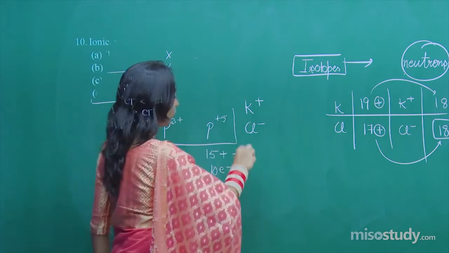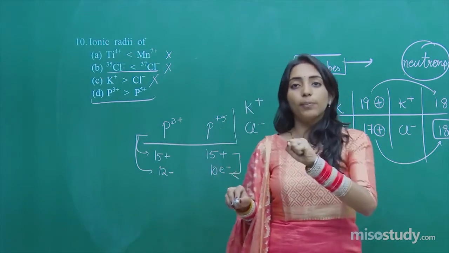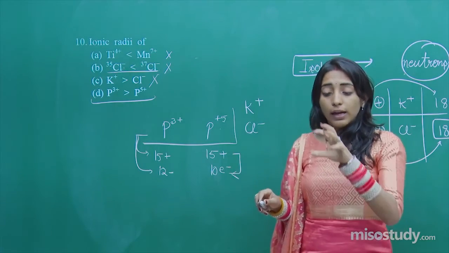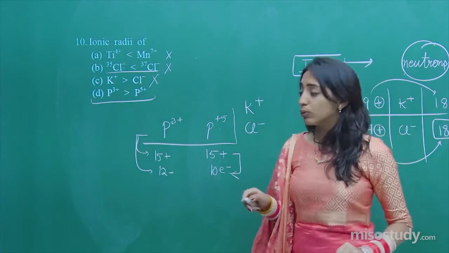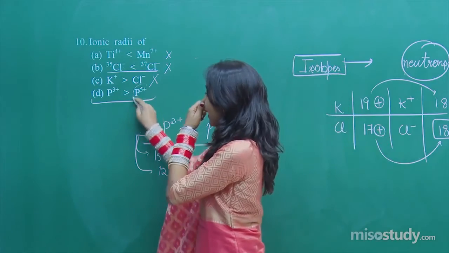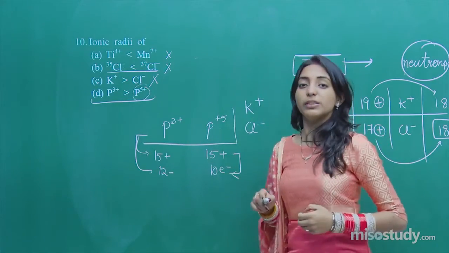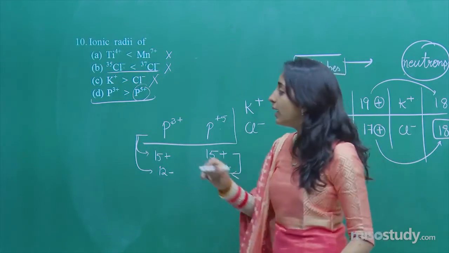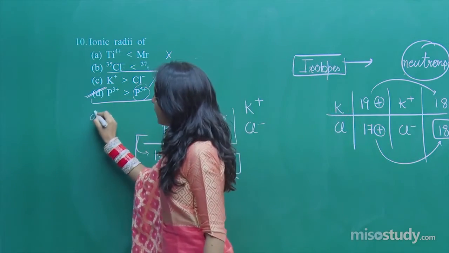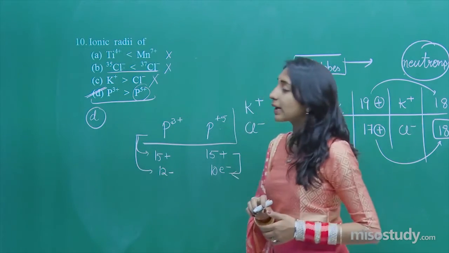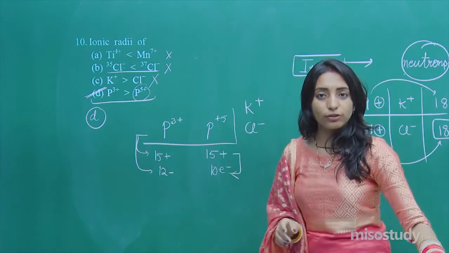So don't you think 15 protons will be able to grip 10 electrons more strongly? So 10 electrons will be closer to the nucleus, and hence the size of P plus 5 will be smaller than the size of P plus 3. So we can say option number D will be the correct option for this particular question.